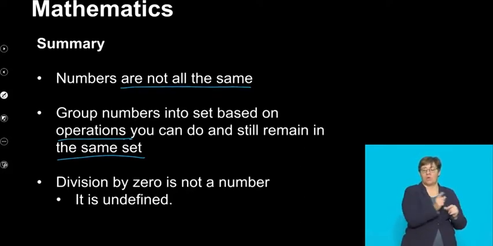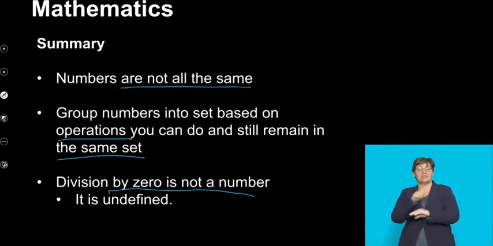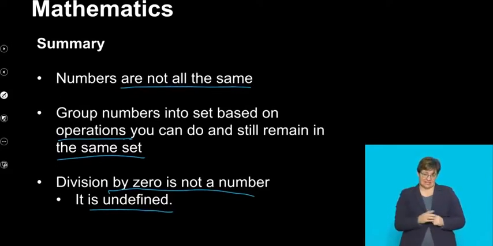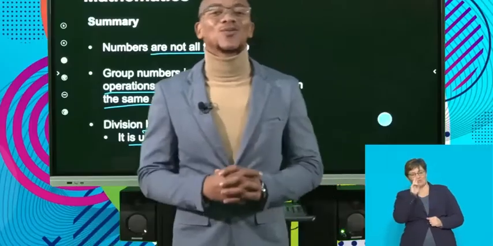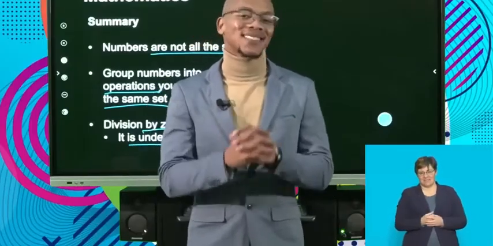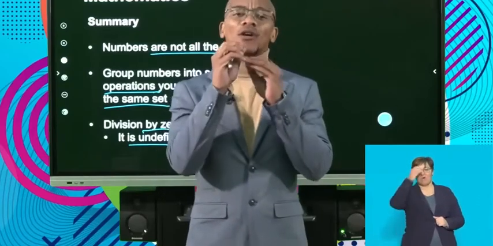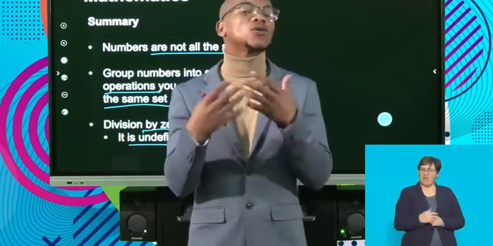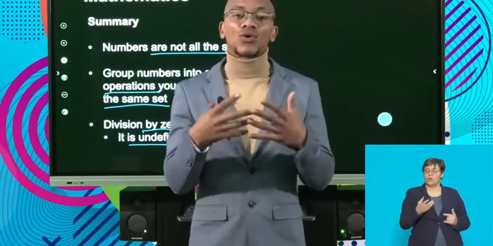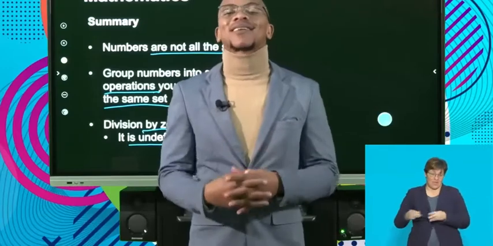And then the last thing is division by 0 is not a number, it is actually undefined. And that's what we needed to look at in terms of numbers, guys. I really hope that all of this clarified what the concept of a number is and how we classify these numbers to try and make sense and use them in different contexts in mathematics.